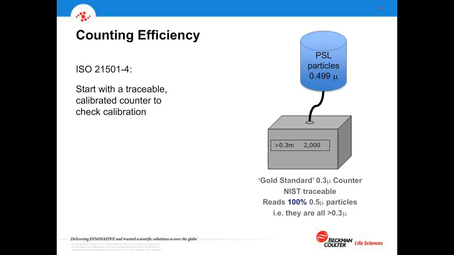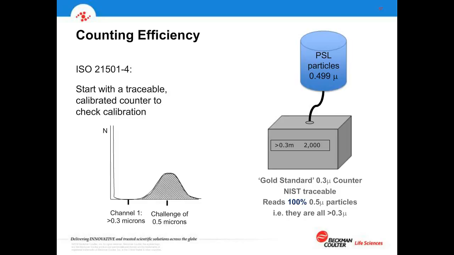And so based on that, we say, well, now we want to compare the other unit to it. What do we do? So we start with this idea. We have a known concentration, and we put that into a particle counter that's got higher sensitivity than that concentration.